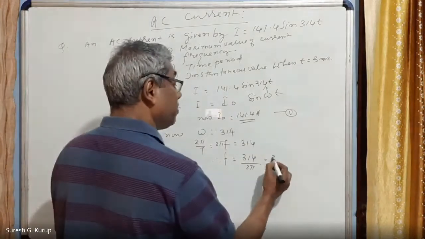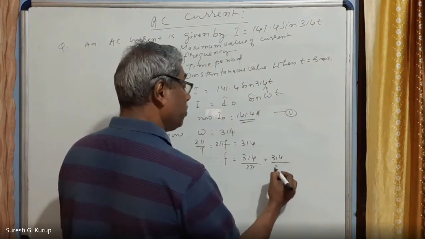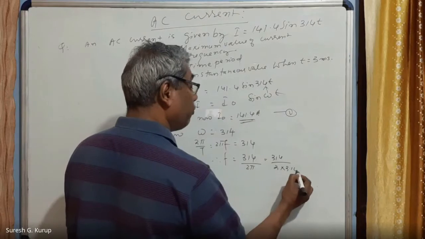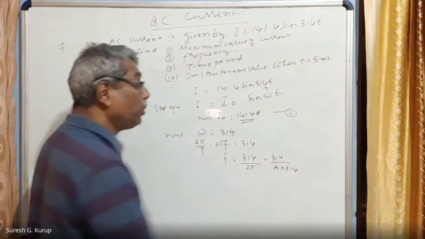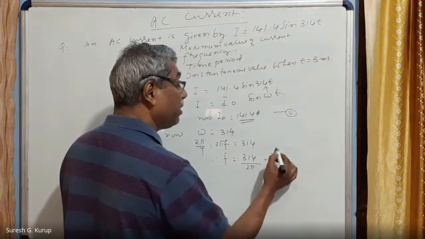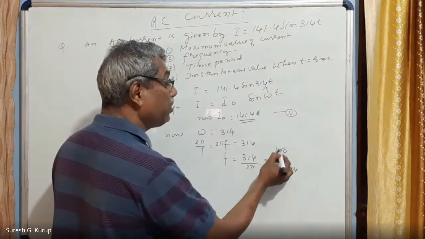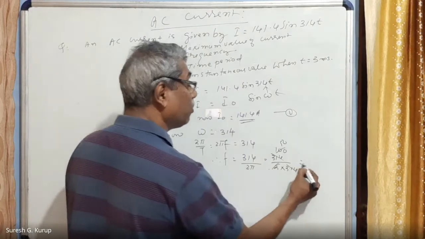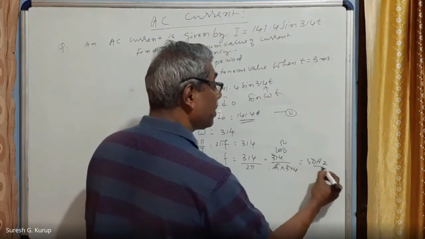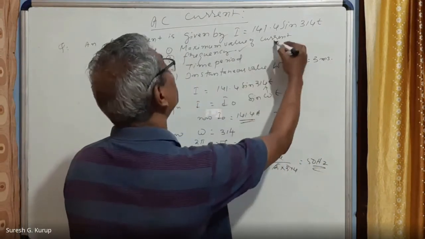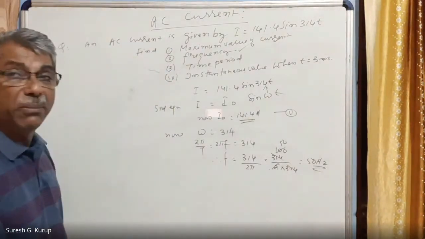That is equal to 314 divided by 2 into 3.14. 3.14 and 314 when divided, you will get 100. And this 2 and 100 when multiplied, you will get 50. Therefore, this is equal to 50 hertz, you will write. Second answer, you got. Then the time period.